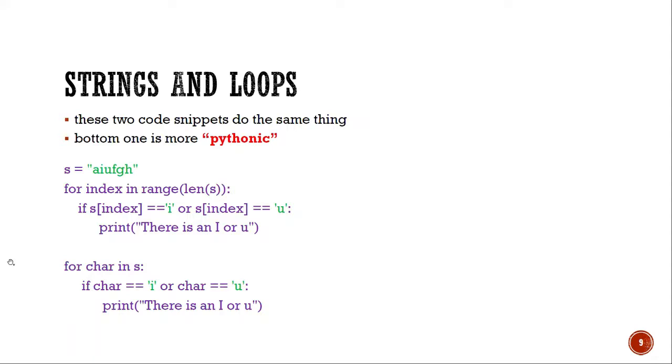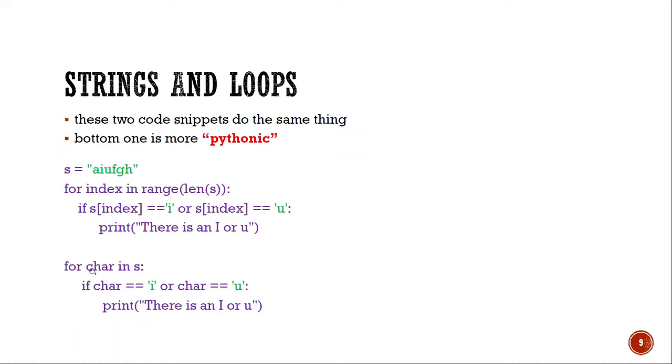As such, here we are trying to print out whether there's a character i or u. This can be done in one of two ways. The first is the traditional way in which we iterate over the numbers of the length of s, and we check every time whether the character at that index is i or u.